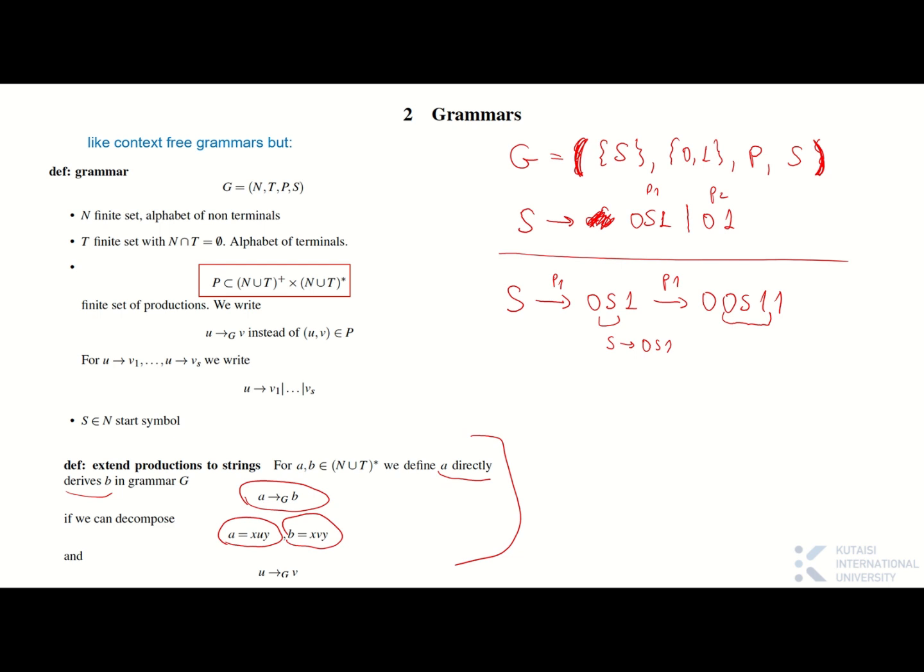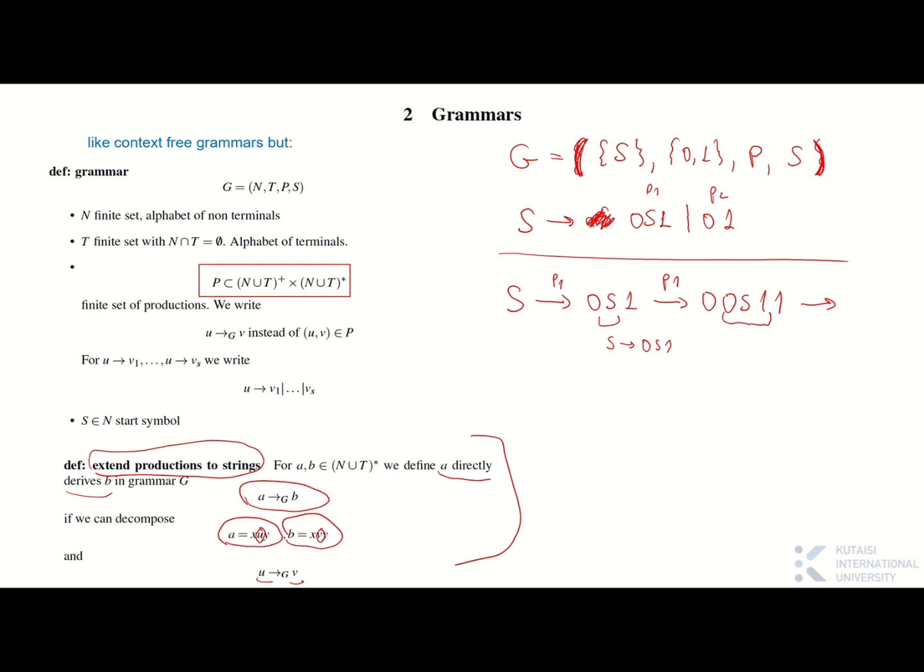Exactly what this says is that in the middle you can substitute: if U derives V, instead of U you can substitute V. This is what I did here, because S derives 0 S 1 and I substituted inside. This is what it means to extend production to strings. And instead of giving you this dry definition, let's look at the example.